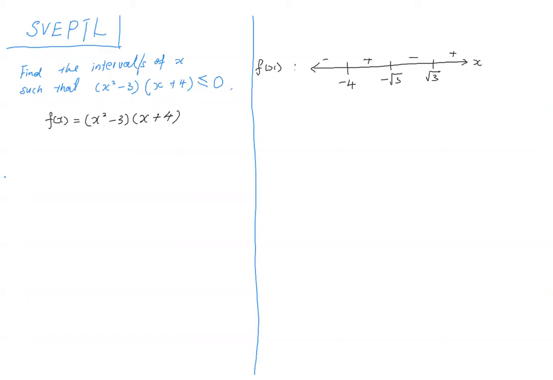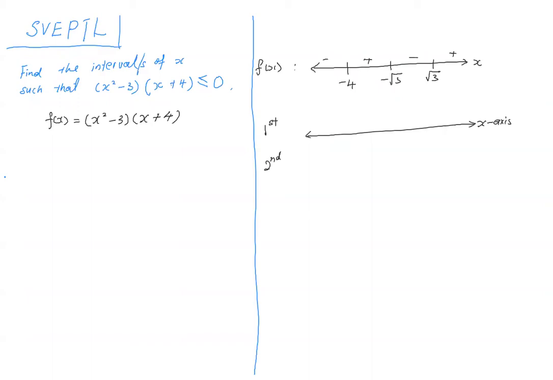Okay. So I asked you yesterday, when we want to draw the sign diagram, the first step, you draw the x-axis, correct? Then you tell me what is the second step?